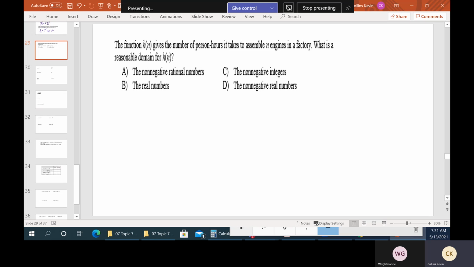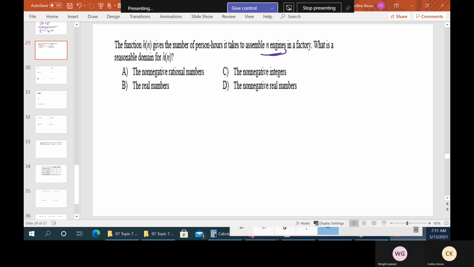It says the function h of n gives the number of person hours it takes to assemble n engines in a factory. What is a reasonable domain for h of n? Non-negative rational numbers? Our domain is the number of engines, so we must be talking about completed engines.